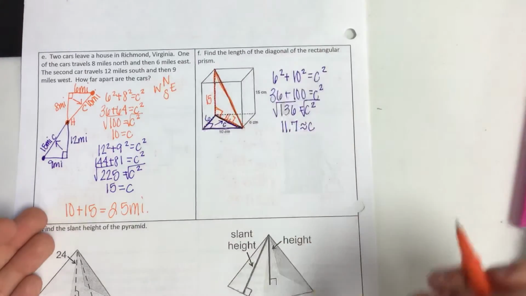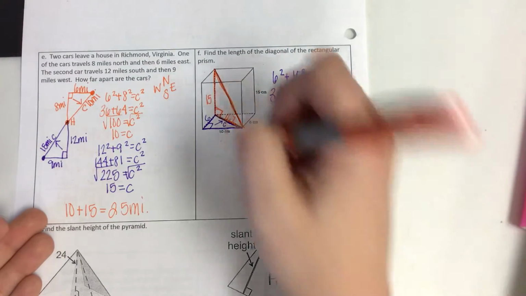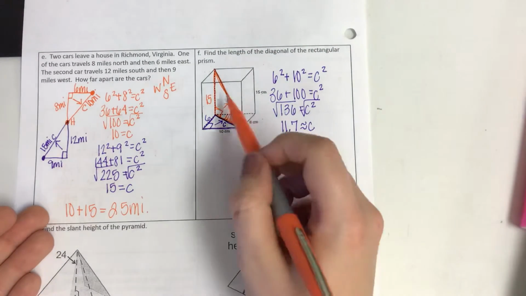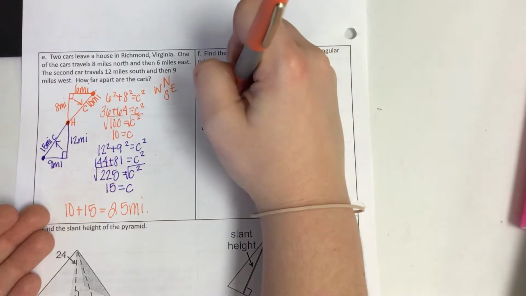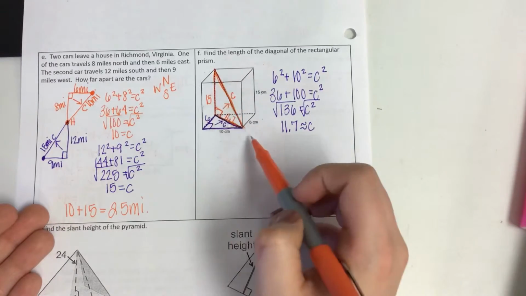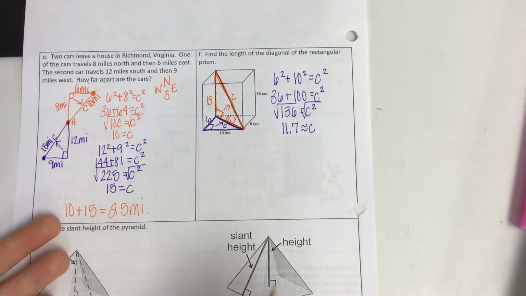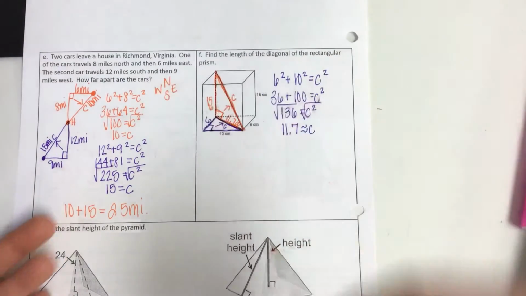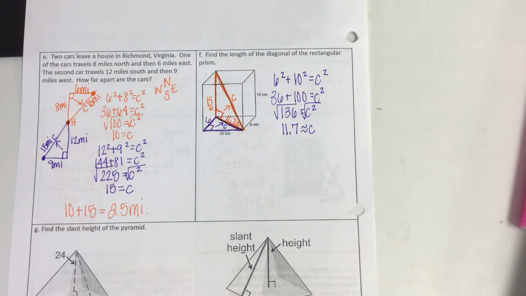This is 11.7. Now we have to be careful because the side that we need to find is actually part of the orange triangle, and that side is opposite our right angle. So this orange line that we're trying to find is now our letter C, and 11.7 is now either an A or a B in our orange triangle.